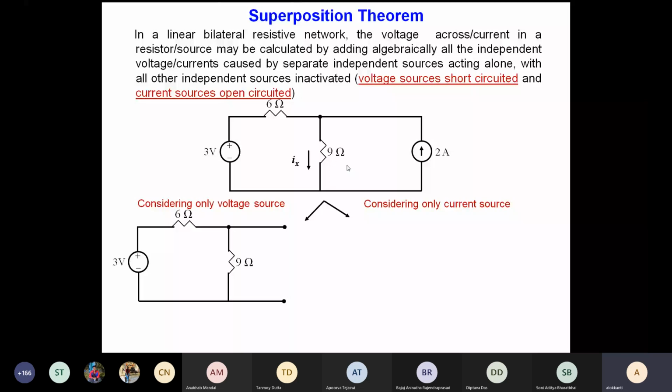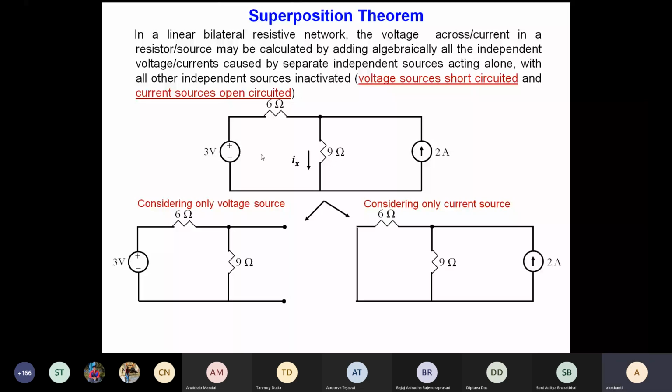So your circuit is like this. I have kept only the current source and deactivated the voltage source. Is it clear?